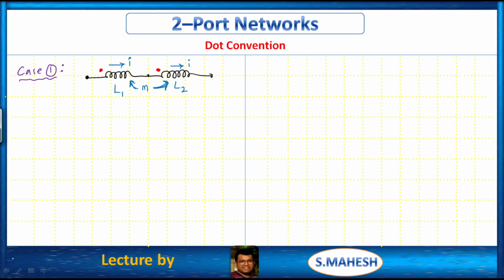So we can say in both the coils the current enters from the dot. Here the current enters from this dot through this coil, and in the second coil also, the current is entering from this dot only.